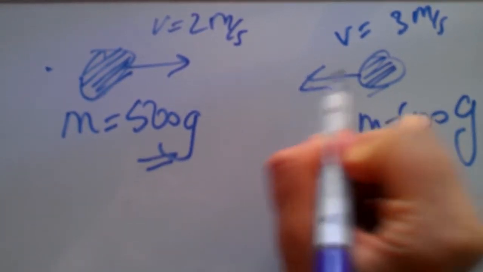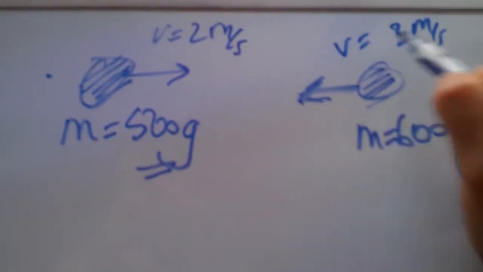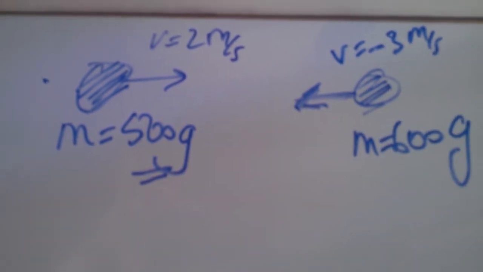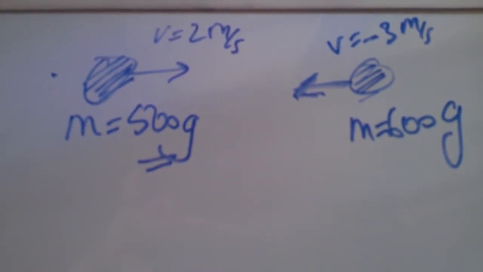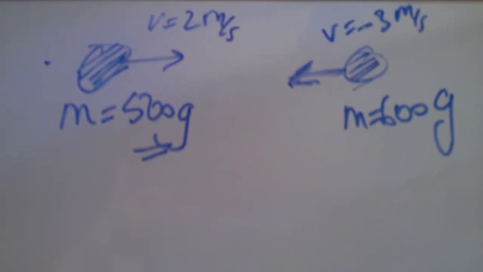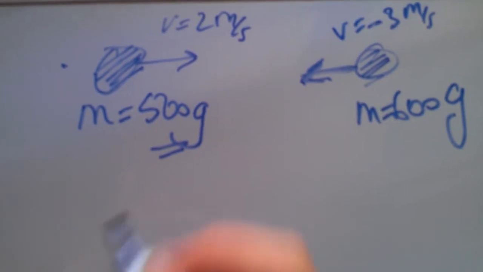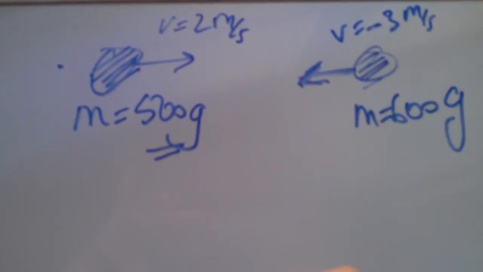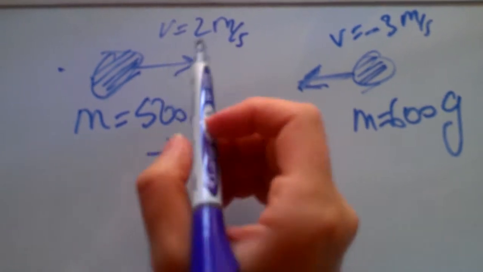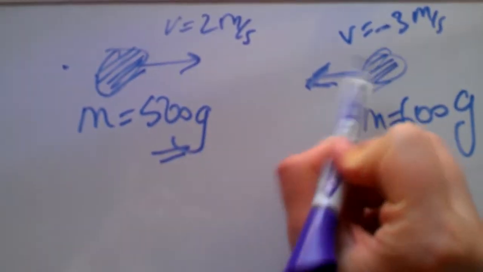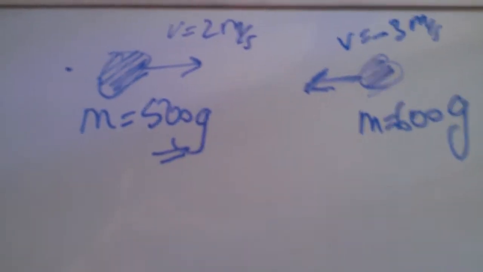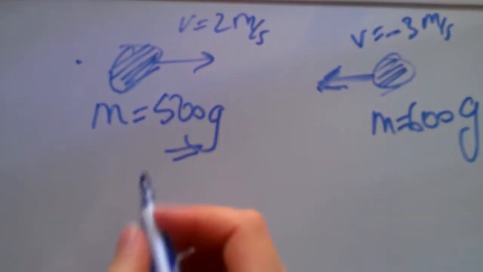And as you see, because it goes to the left, I need to include the velocity with a negative number. The reason is that momentum is a vector quantity, so you need to include the velocity with its direction in order to respect the vector nature of momentum.